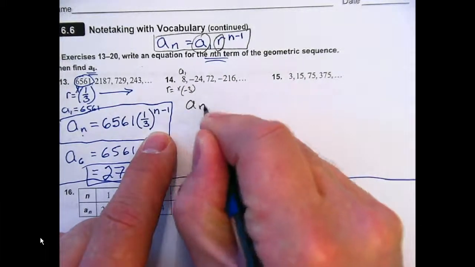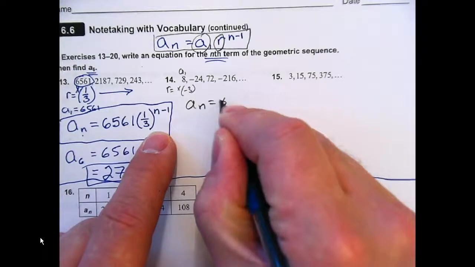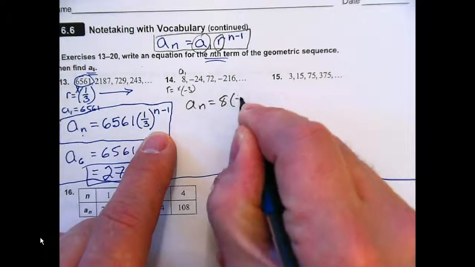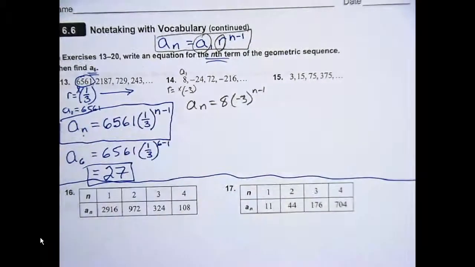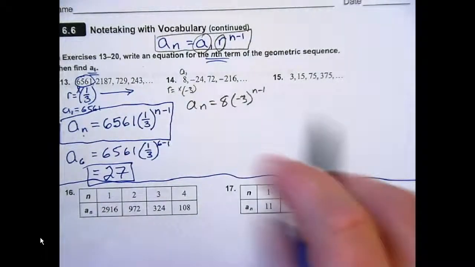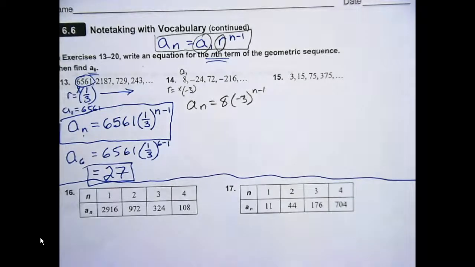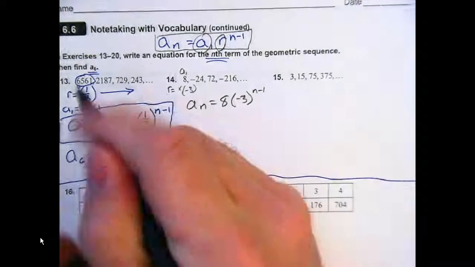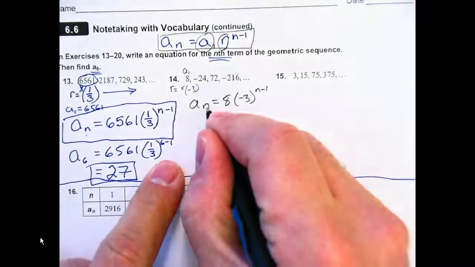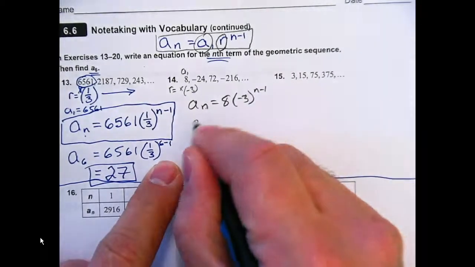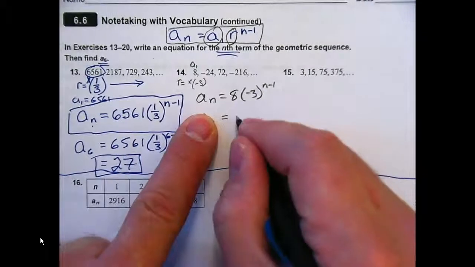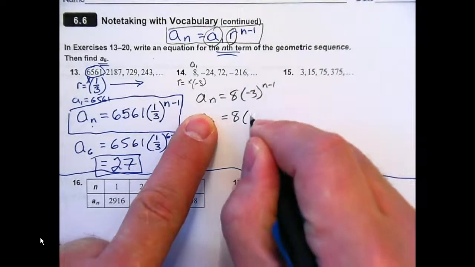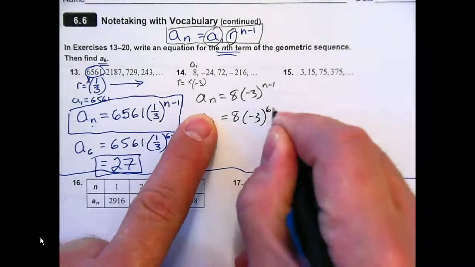So the first part is just putting those pieces in so that you have a function or an equation that you can use. Okay? So that'd be the first piece. And then the second piece is they're asking you to evaluate it for a sub 6, which means you're just plugging in 6 for n. So a sub 6, remember this side doesn't mean anything, so we can kind of just cover it up. 8 times -3 to the 6 minus 1 power.